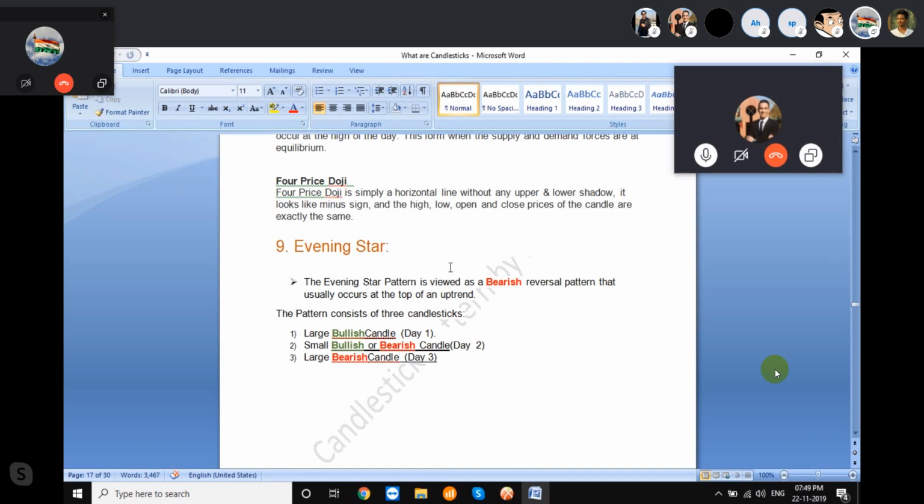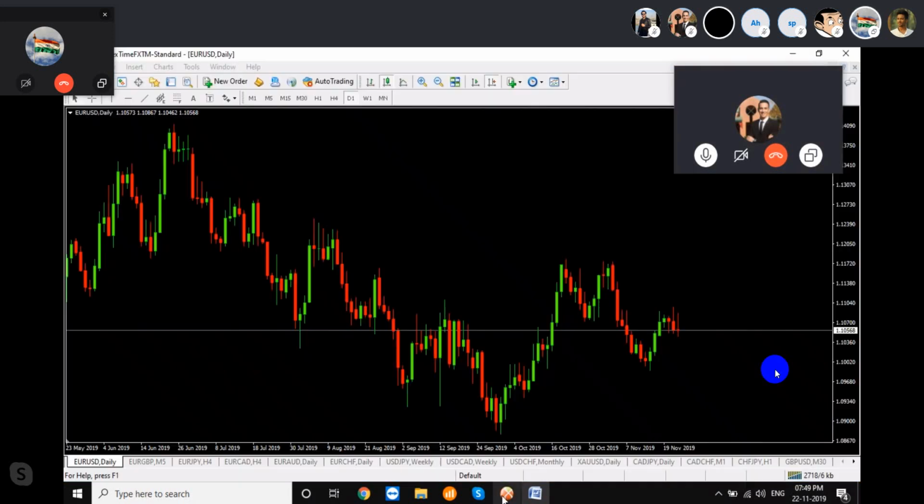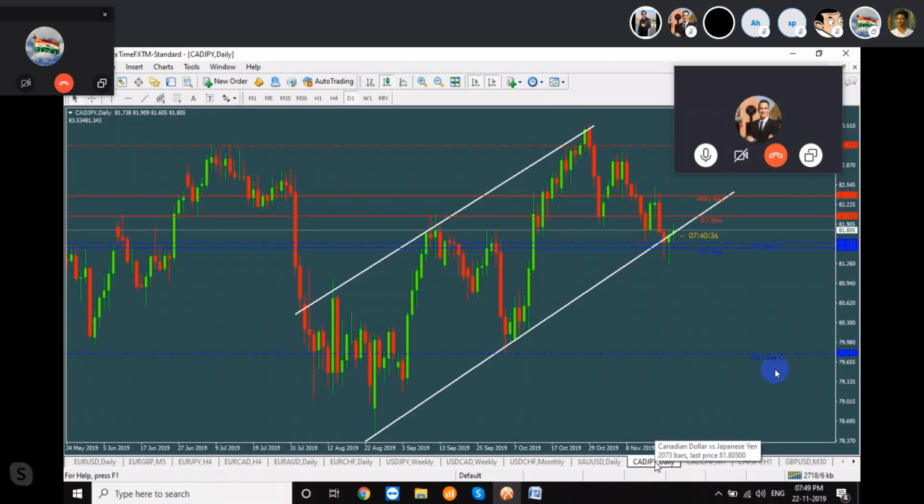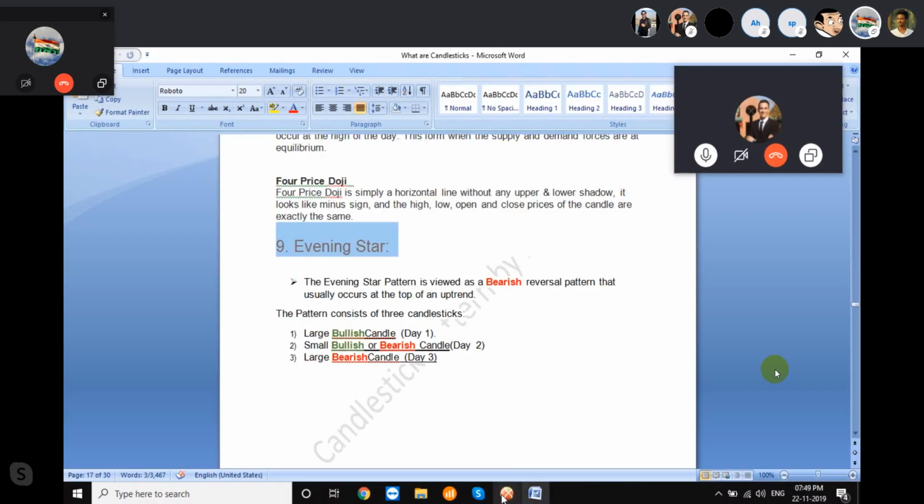So evening star is the next candlestick. Can anyone please tell me what evening star is, guys? It's the opposite of the morning star. Then what is morning star? That's the next part.